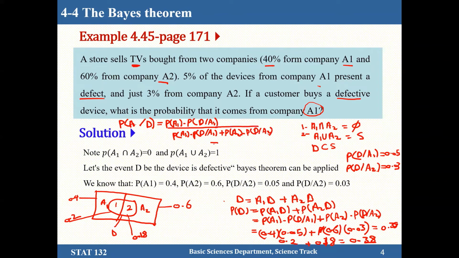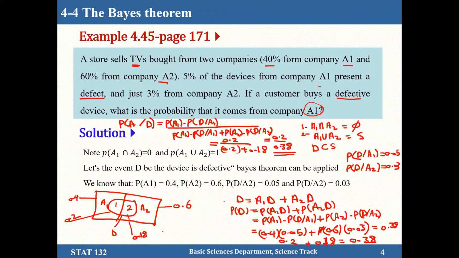This equals 0.02 over 0.02 plus 0.018, equals 0.02 over 0.038.